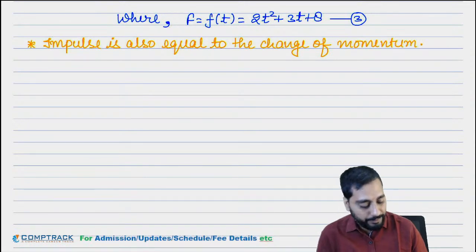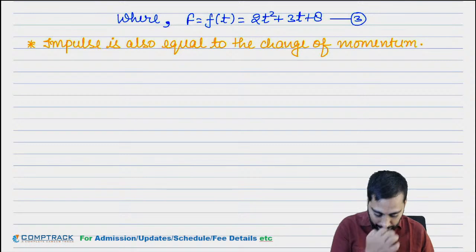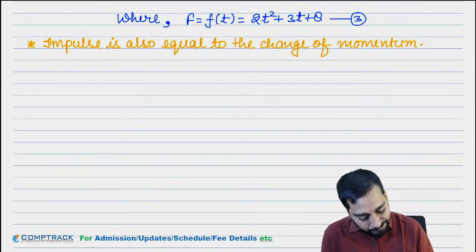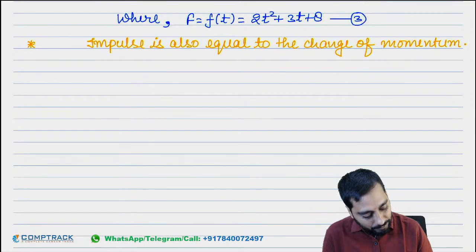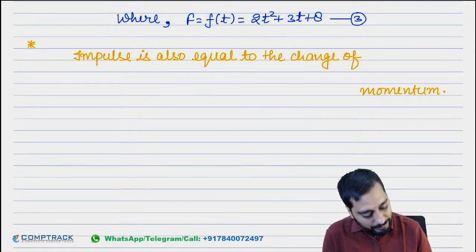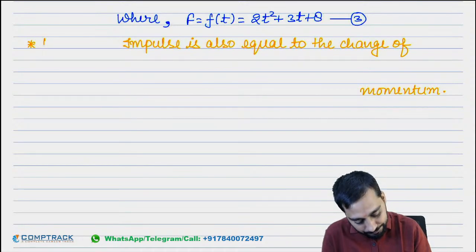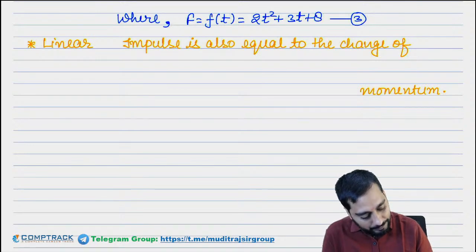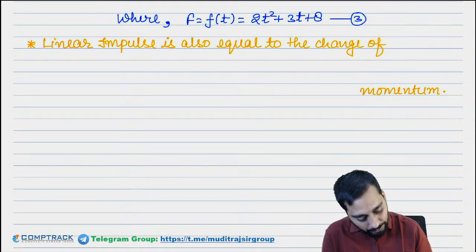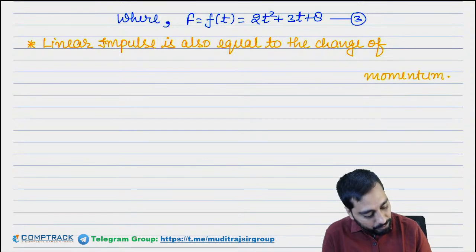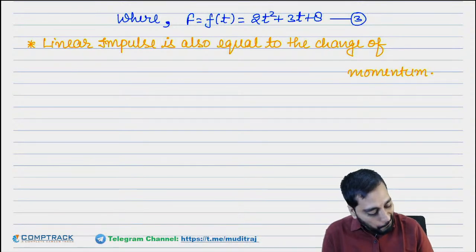Okay, here it will be better if you use the word linear. Linear impulse and linear momentum, because impulse can also be angular and momentum can also be angular. Okay, change of linear momentum like this.